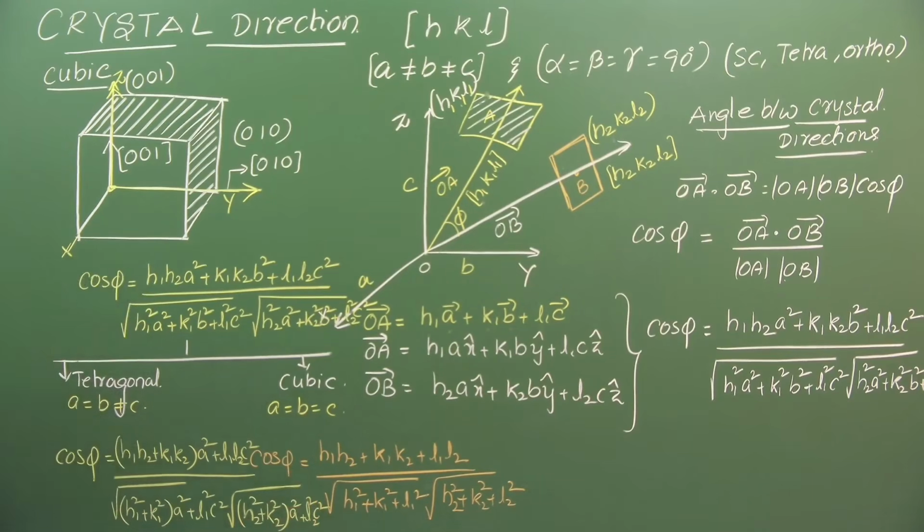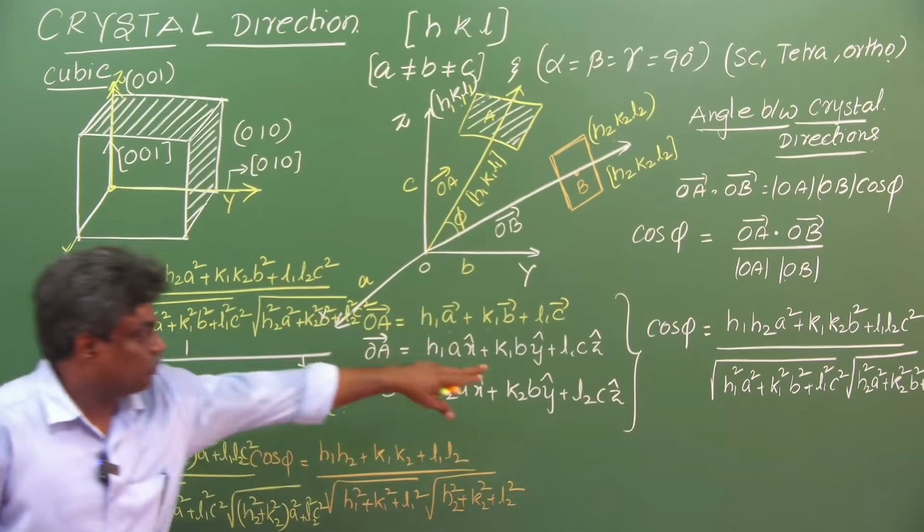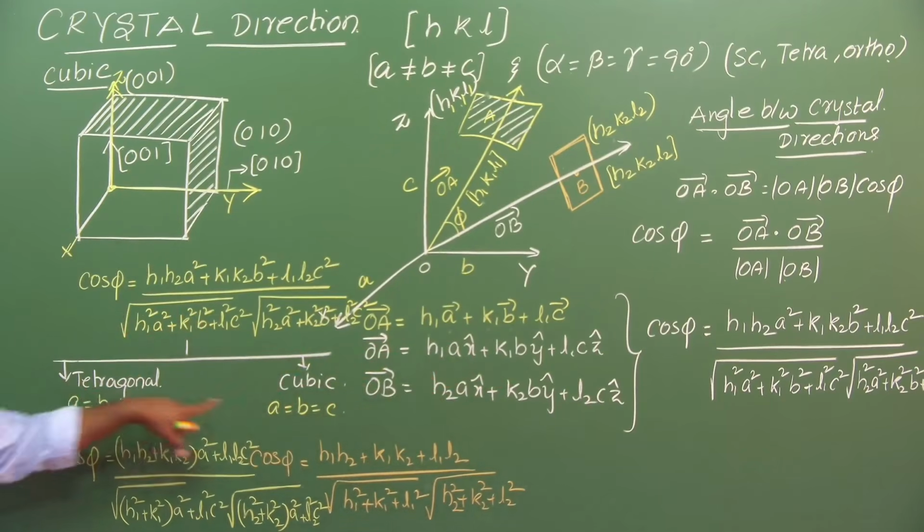Write properly. Just I have taken here again the formula, and write for tetragonal and cubic. Tetragonal is A equal to B not equal to C. Cubic, A equal to B equal to C.